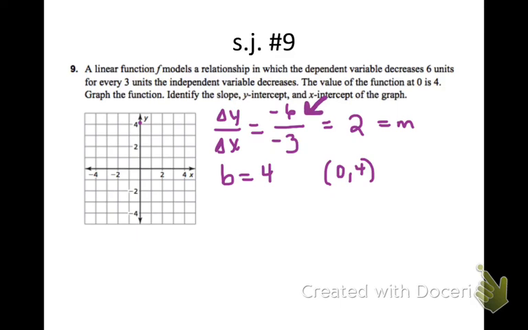So we would go down 6 in the down direction because the change in y is a negative 6. And then we could go left 3. The other thing we could do is, because our slope is 2, that's equivalent to 2 over 1, right? So we could have just simplified this as 2 over 1. So when we have a slope of 2 over 1, that's the same as negative 2 over negative 1.